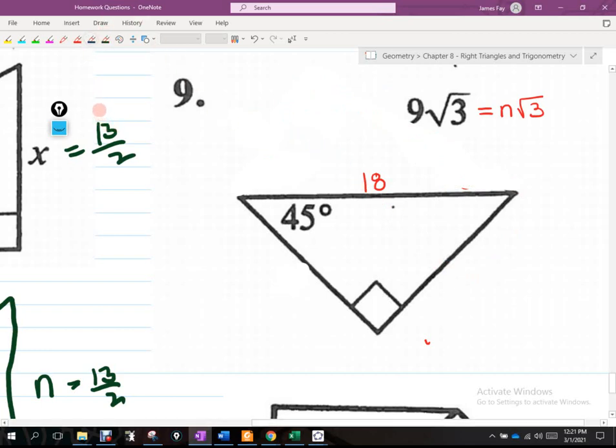Does that make sense? What side is that in a 45, 45, 90 triangle? That's your n radical 2 side. So now, maybe using some of the patterns that we've seen in the past, or we go through the direct algebra, what's n going to be?